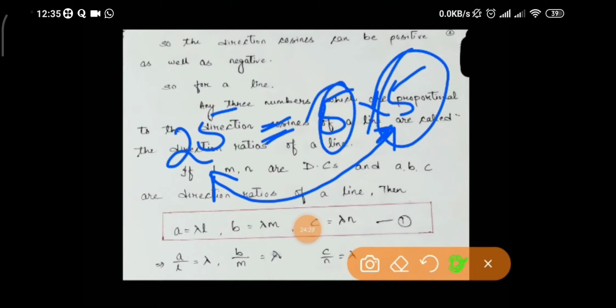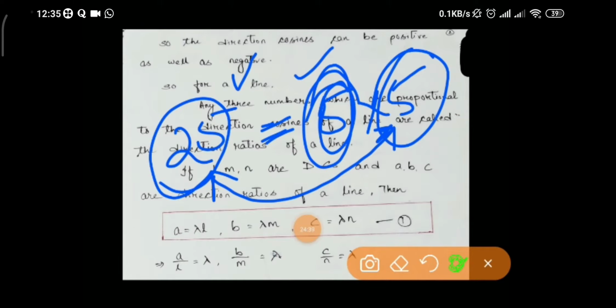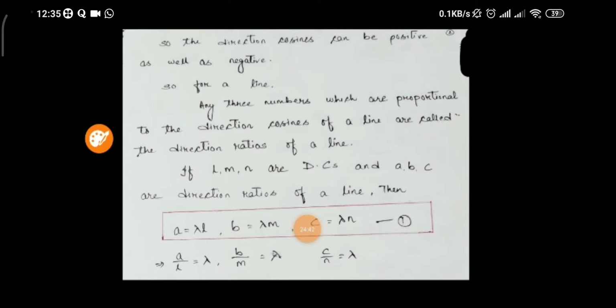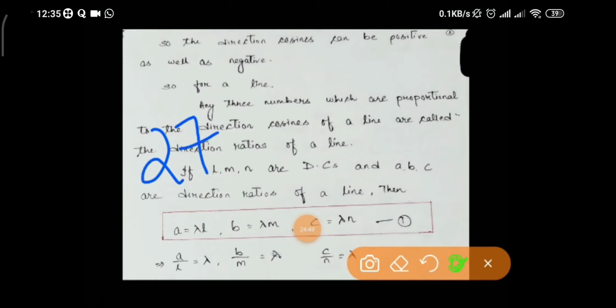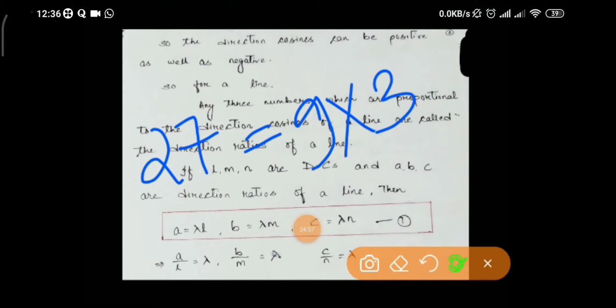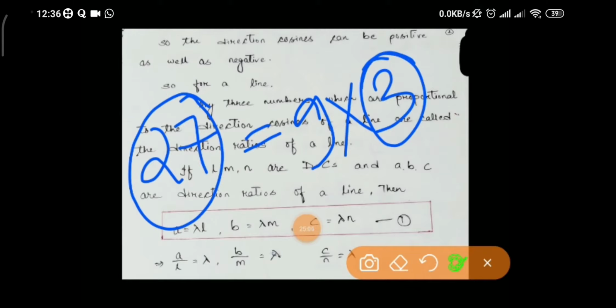So if you have any line, you find their direction ratios and direction cosines, you can find a relation that direction ratio is some lambda times the direction cosines. Understand? Let's have an example again. If A is 27, and L is suppose 3, so there is a proportion, so A is proportional to L, or I can say direction ratio is proportional to direction cosine.